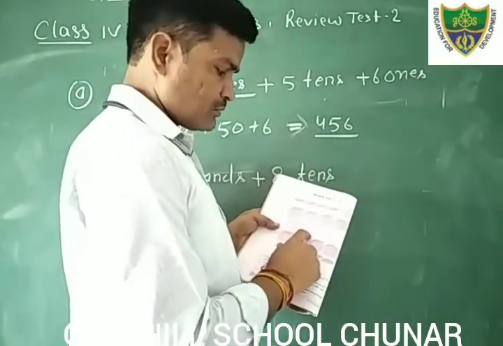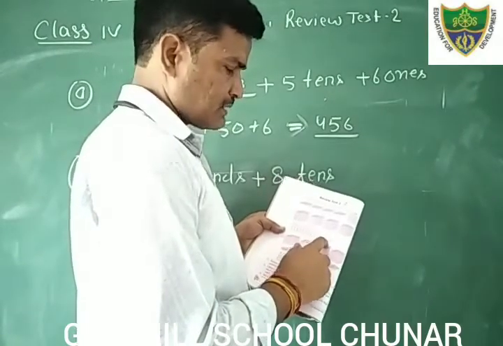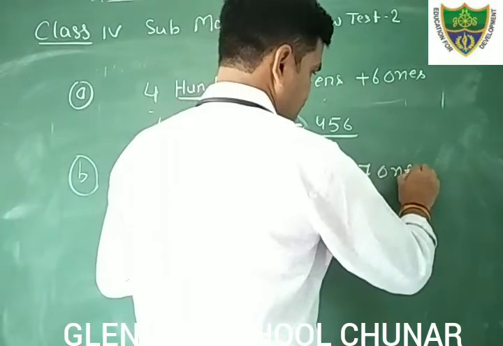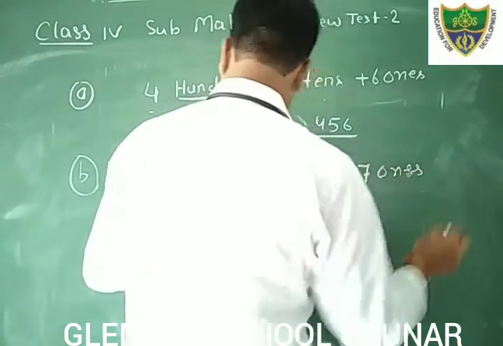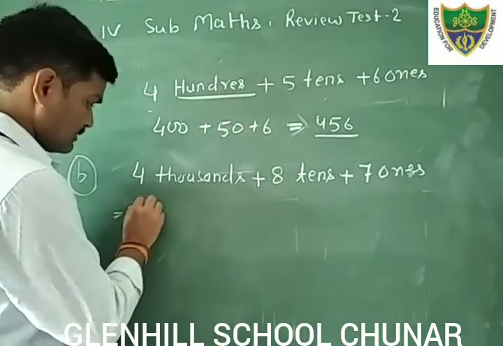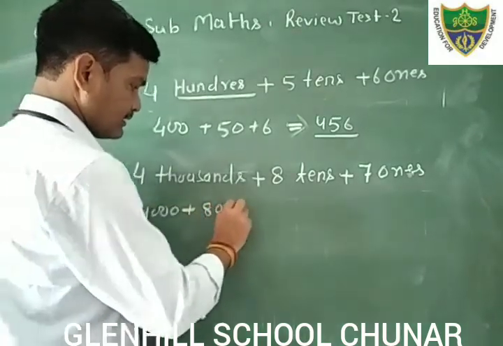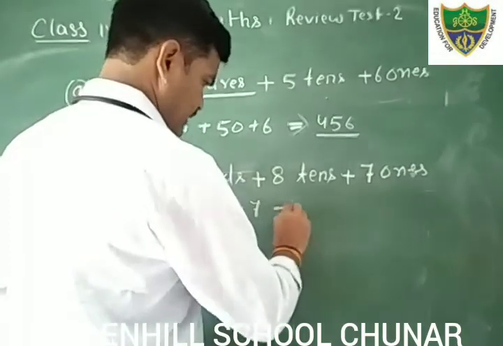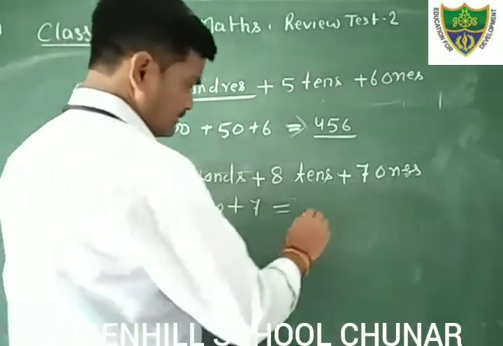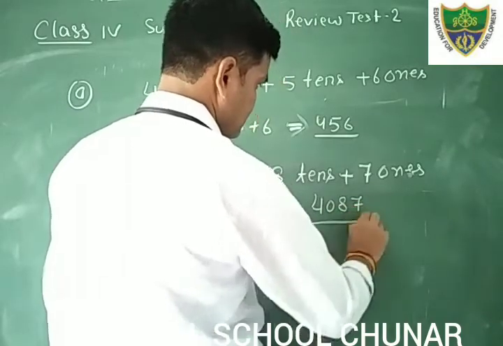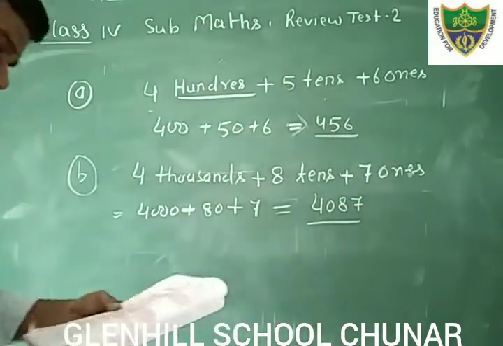And how many ones? 1, 2, 3, 4, 5, 6, 7, plus 7 ones. That is 4,000 plus 80 plus 7. When you combine it, you will get 4,087. This is the second number.